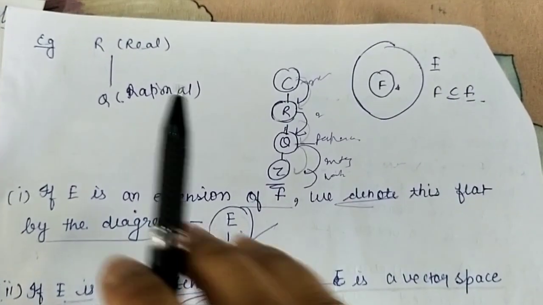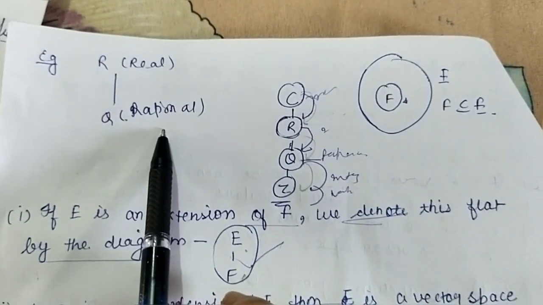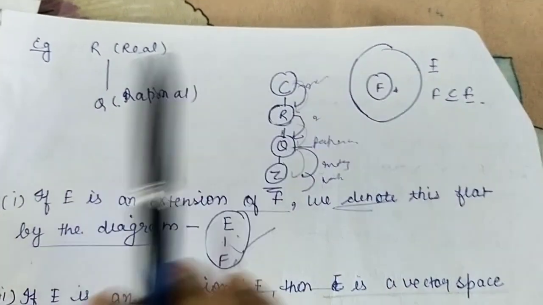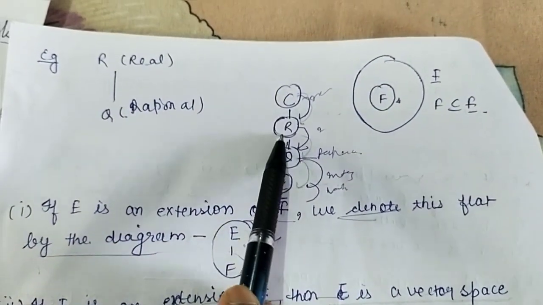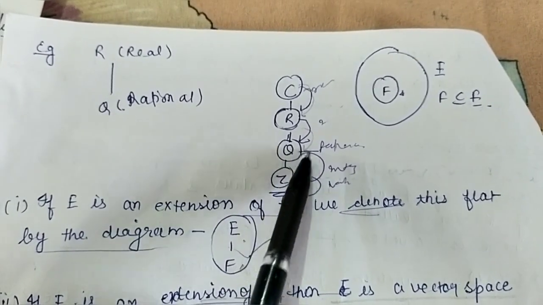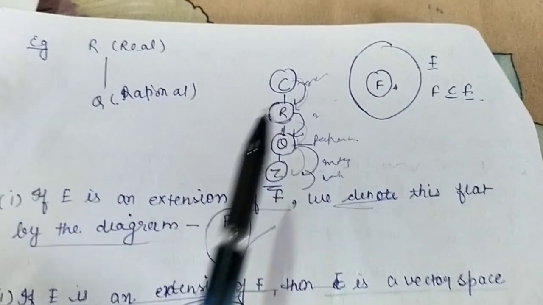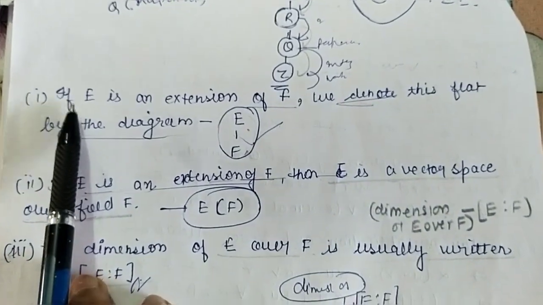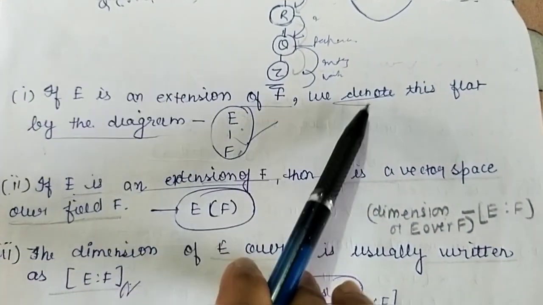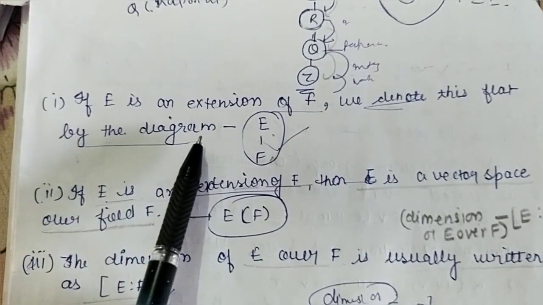Taking an example, R, the reals, is a subfield of C. From the previous we have seen Z is a subset of Q, Q is a subset of R, and R is a subset of C. Now if E is an extension of F, we denote this by this diagram.